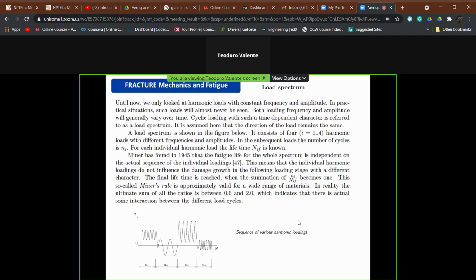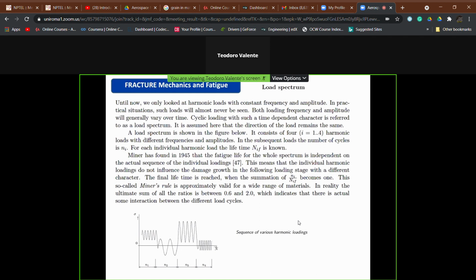These are further assumptions which must be satisfied to use, at the beginning, the formulas that we have seen before. But if we move to practical situations, these hypotheses, or such kind of loads, will almost never be seen. Both loading frequency and amplitude will generally vary over time.